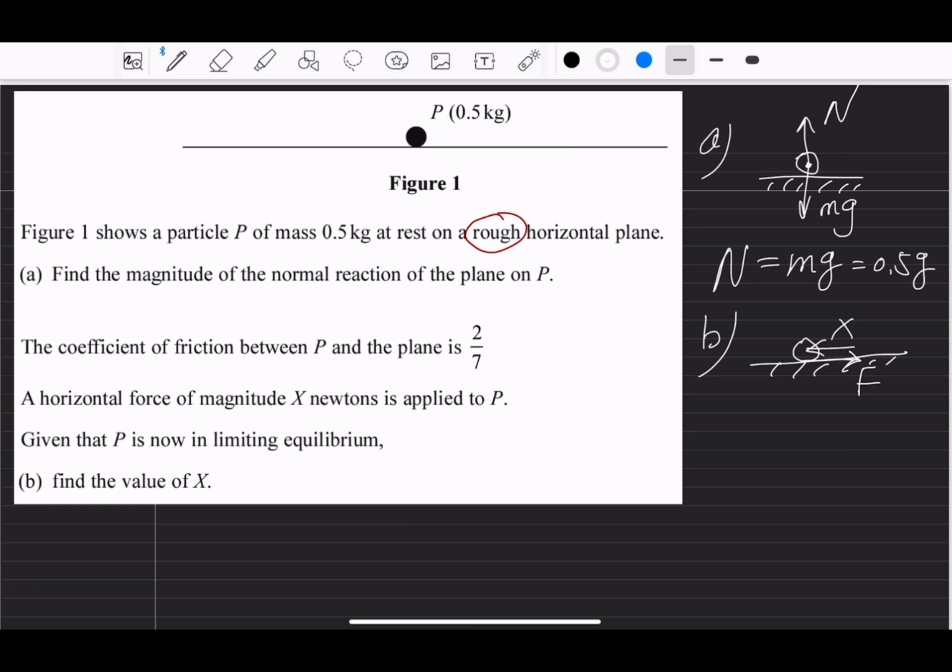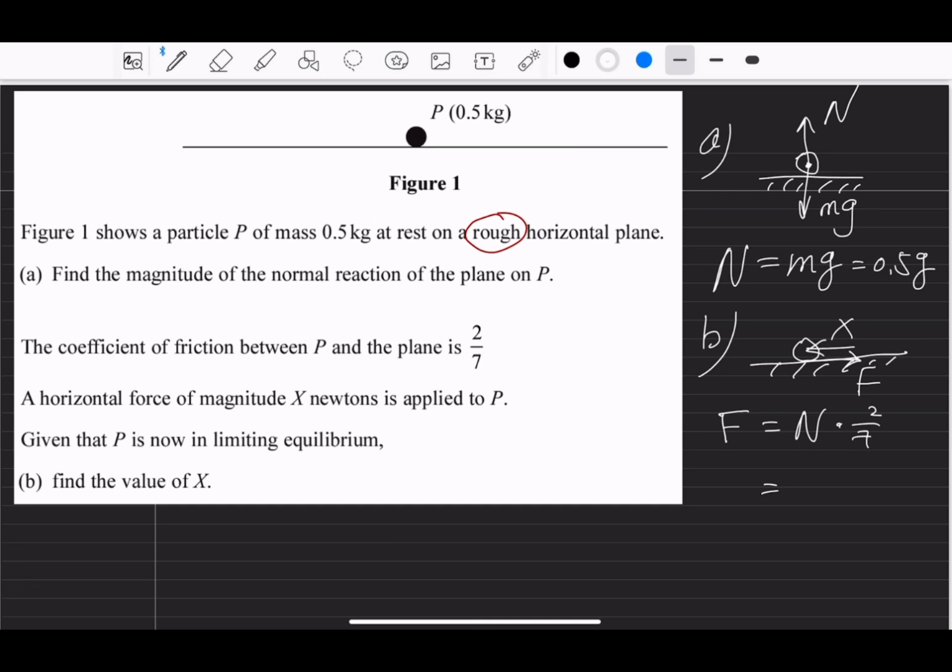One thing you need to know is the friction force is not always a fixed value, because if that were the case, the ball would move whenever X is less than the friction force. The friction force always tries to balance out the moving force until its limit, which is the normal reaction times the friction coefficient, which is 2/7.